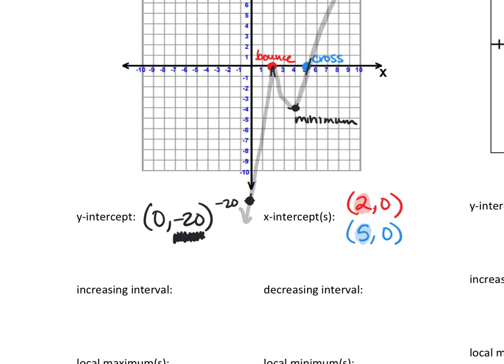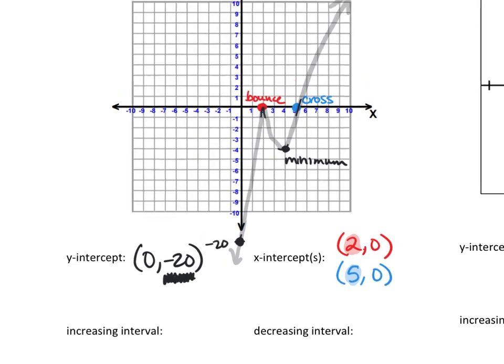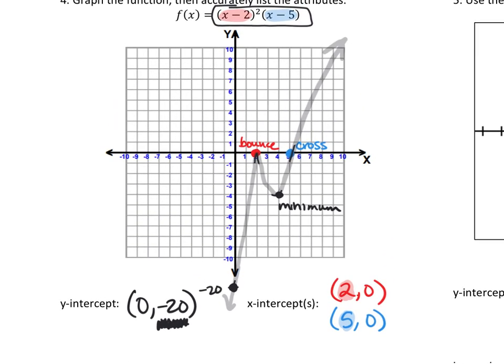What does the word increasing mean? Up. It is literally the part of the graph going up. How many parts of this graph are headed upwards? 2. I'm going to color those in. So I have this section right here that is going up, and I have this section right here that's going up. I would highlight those if I were you. Those are my 2 sections where the graph is going up.